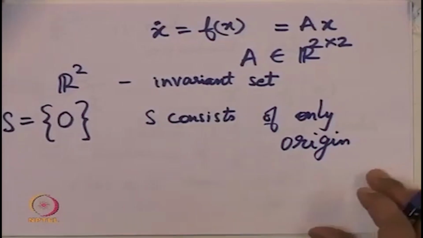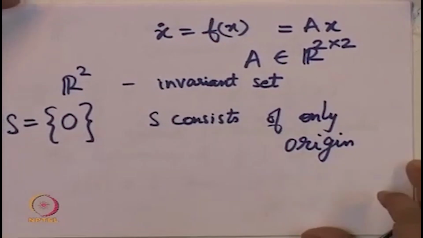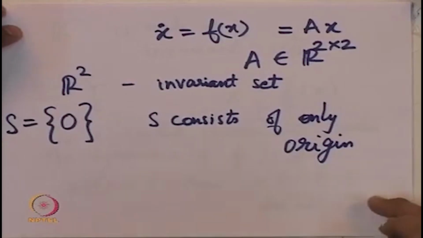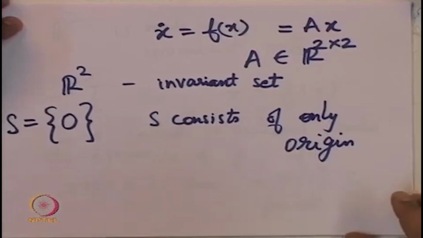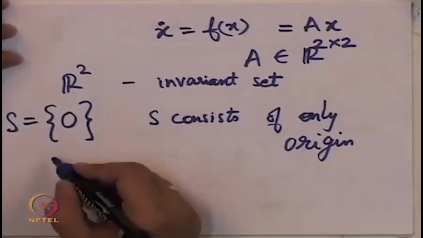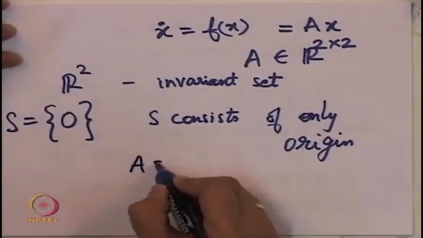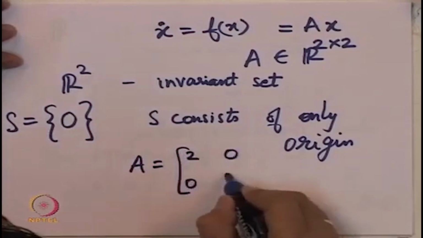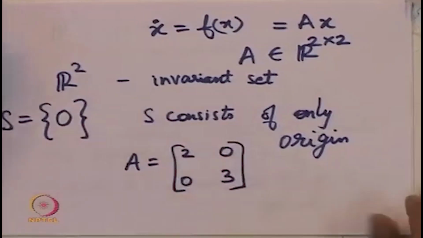Because if it begins inside this set S, because it is an equilibrium point, it will remain at the equilibrium point for all future time, and hence the set S is also an invariant set. So all equilibrium points is an invariant set. For this particular case, when A is a diagonal matrix, for this particular A, there are some more invariant sets.